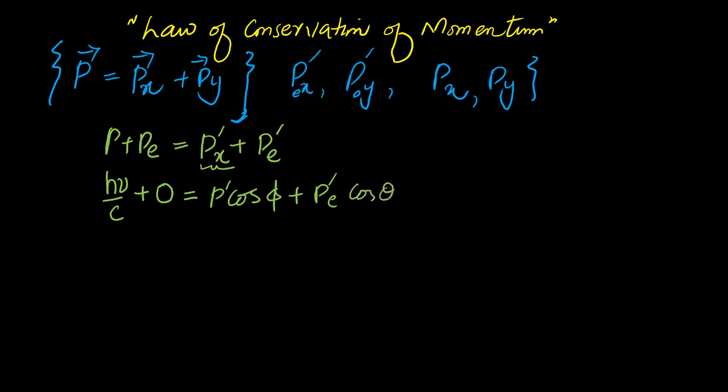Since you know, dear student, that the momentum of the electron pe prime is equal to m into v. Momentum is basically equal to m into v. So the momentum along the x-axis, p dash e cos of theta, will be m into v into cos of theta.